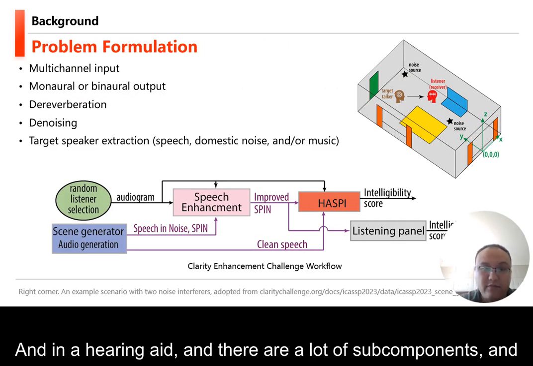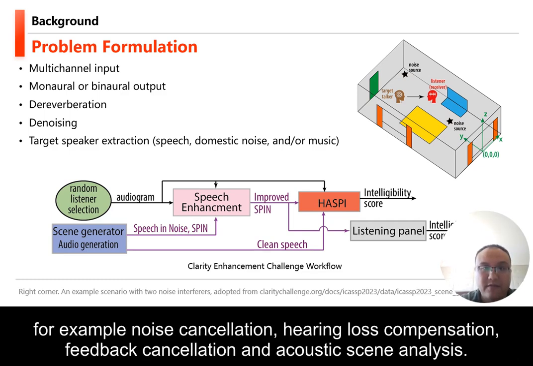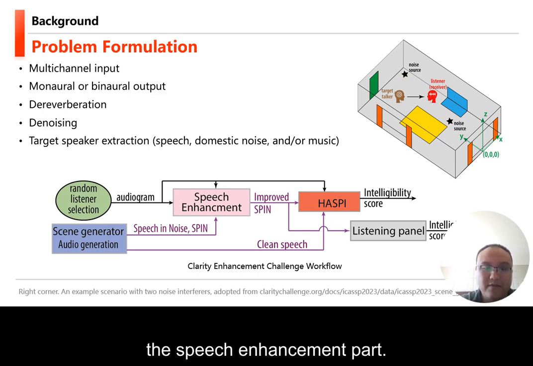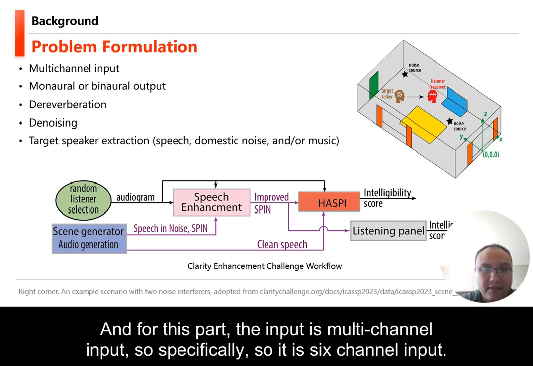In a hearing aid, there are a lot of subcomponents, for example, noise cancellation, hearing loss compensation, feedback cancellation and acoustic scene analysis. But for the Clarity challenge, we just need to focus on the most important one, the speech enhancement part. For this part, the input is multi-channel, specifically a 6-channel input.